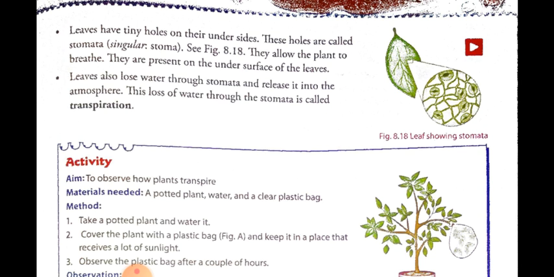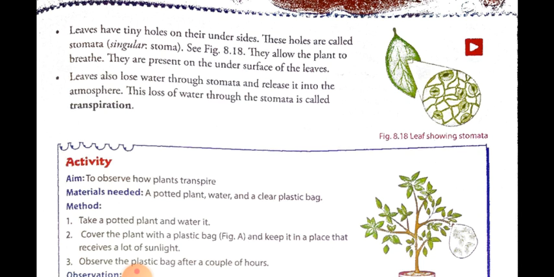Leaves also lose water, just as we lose sweat during the summer season. In the same way, leaves lose water through stomata into the atmosphere.